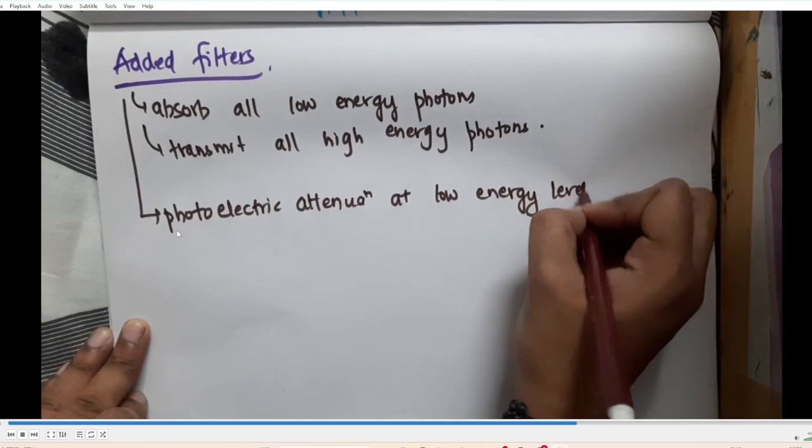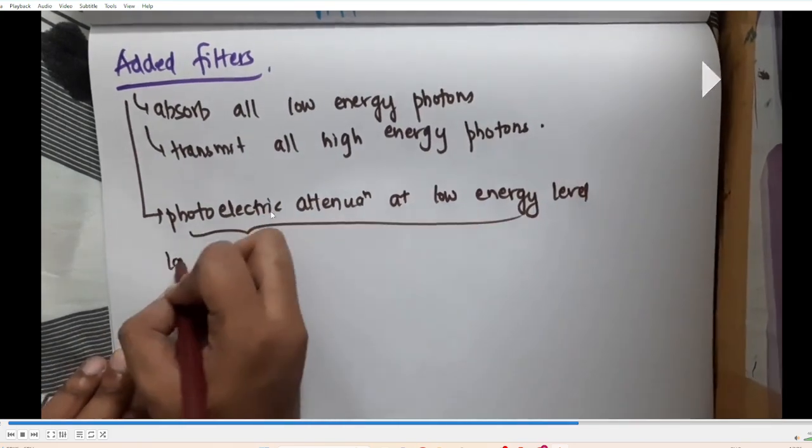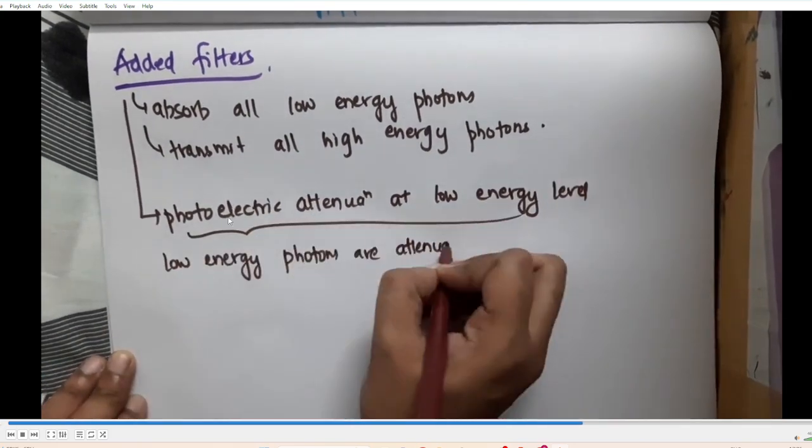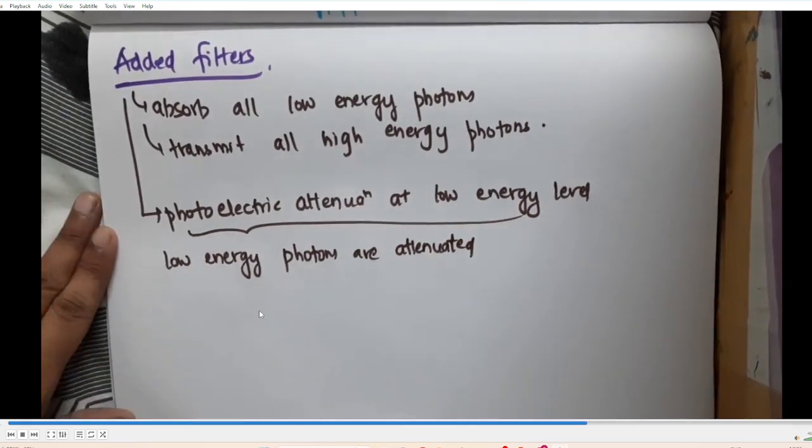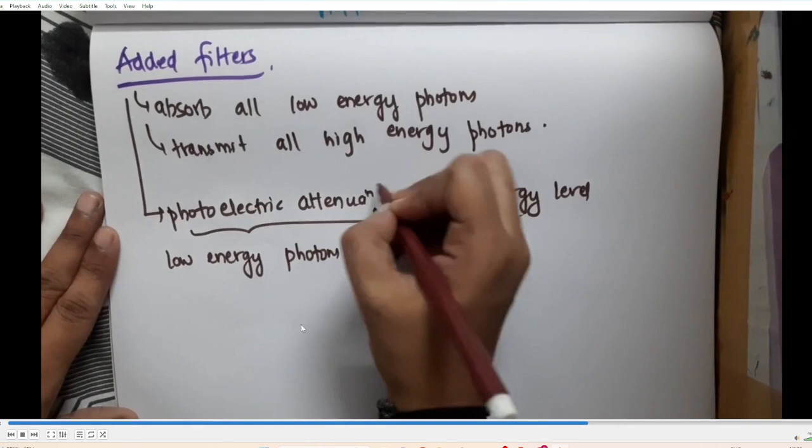A material is selected to absorb principally low energy radiation by utilization of photoelectric attenuation. This attenuation is most intense when the photoelectric effect predominates and diminishes when the Compton effect predominates.